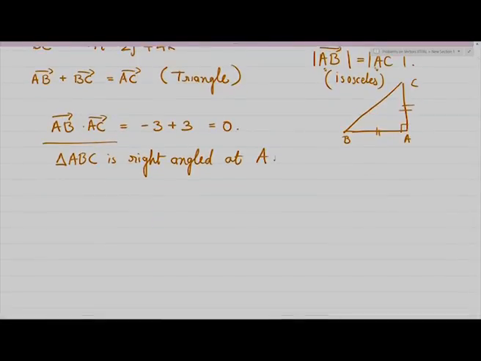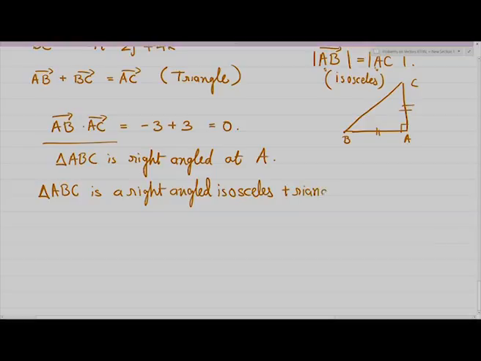Therefore, what we have proved is that triangle ABC is a right angled isosceles triangle with right angle at A. Let me not write that. Okay. This proves our hypothesis. Okay.